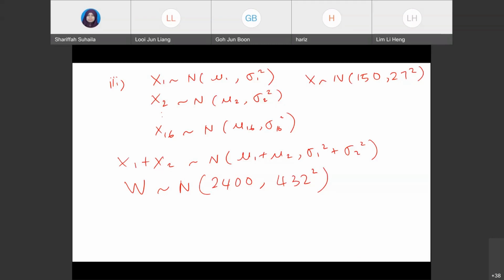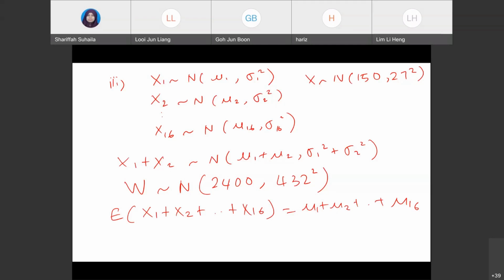Your mean follows the same properties you have learned: E(X1) plus E(X2) up to plus E(X16). So you have mu1 plus mu2 up to mu16. You just add. Since the weight of each student is the same, 150, it is 150 times 16.